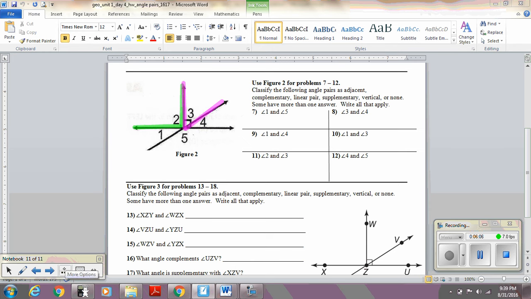Angle 2 and angle 3 are next door neighbors. They share a wall, so they're adjacent. But they don't form a straight line together, so we can't call them supplementary or linear. They don't add up to 90, so it's not complementary. So the only thing I can see for this one is adjacent.